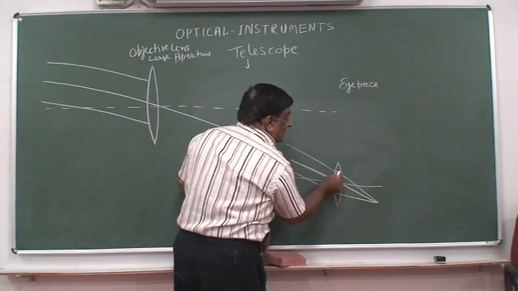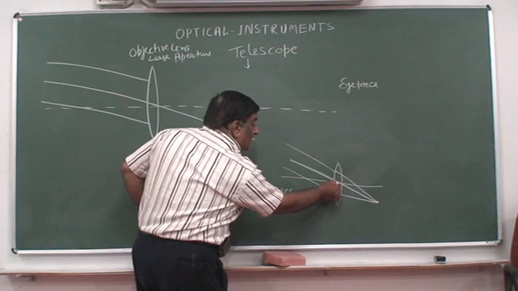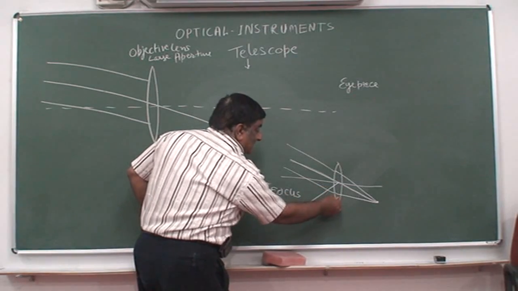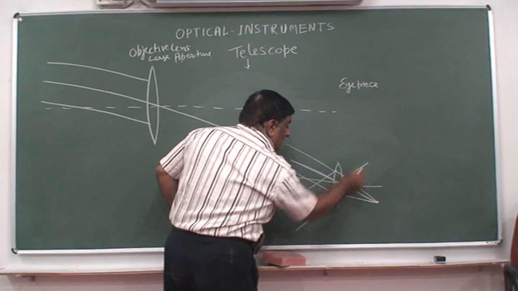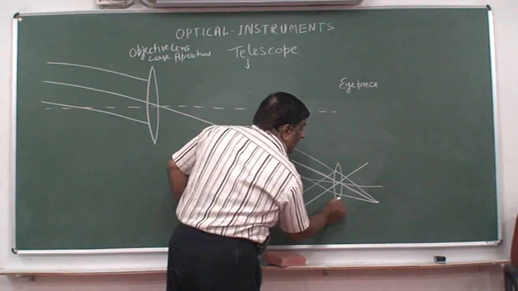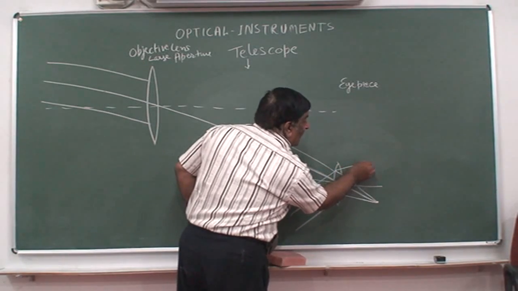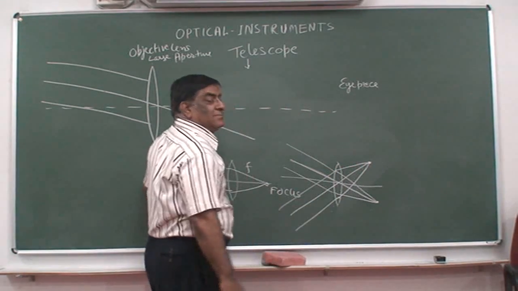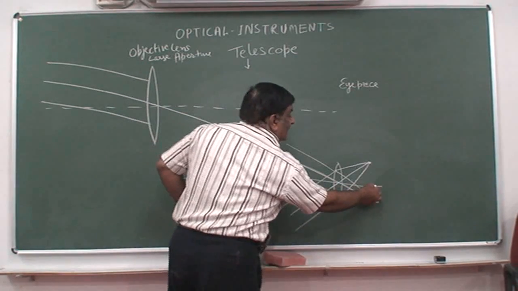The others get converged, and they meet here. If they are parallel, the parallel rays will meet here.